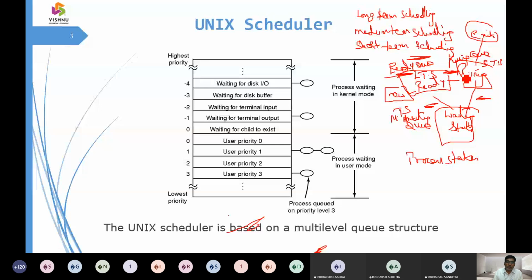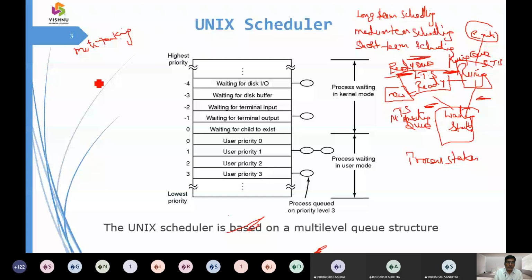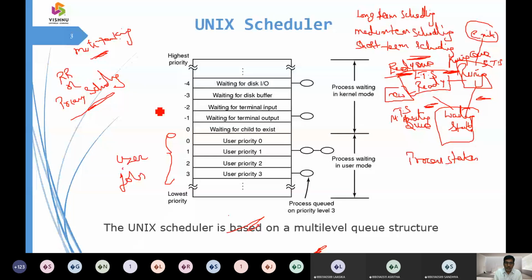So when we are working in a multitasking atmosphere, we are going to have round robin, or we are going to have some priority scheduling. We can see here, these are all processes called user jobs, and here we are going to have the system jobs.